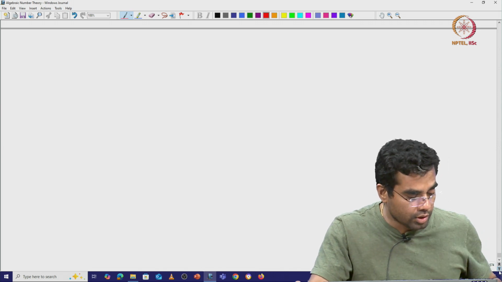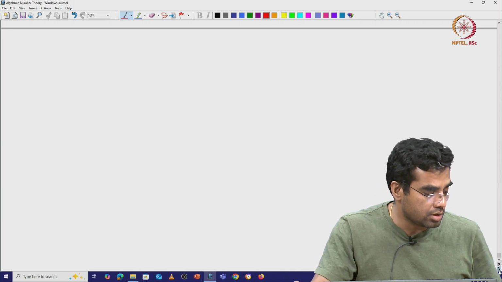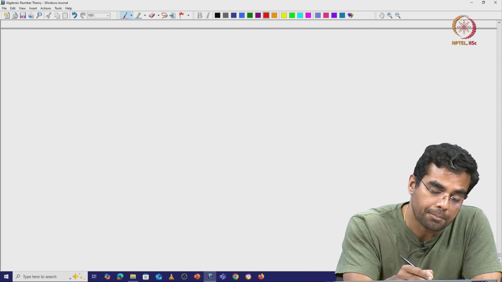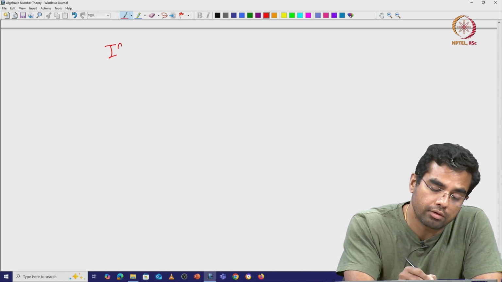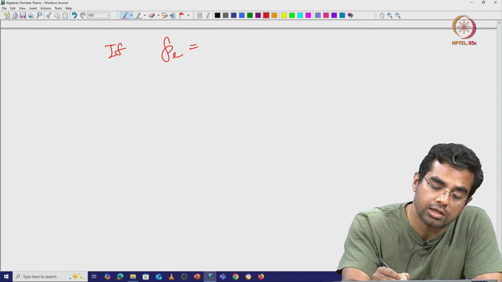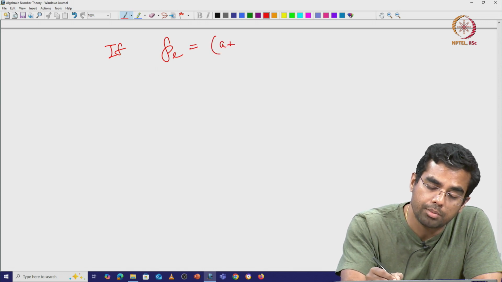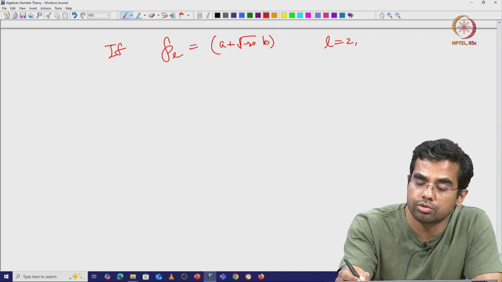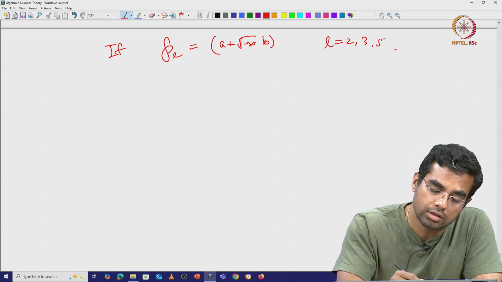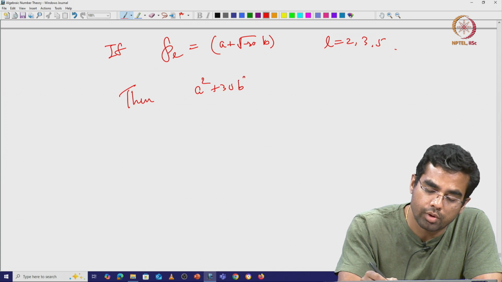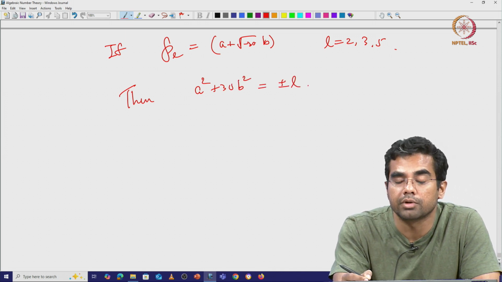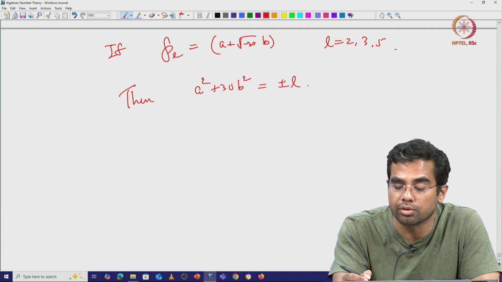Okay. So, how do we show whether these are principal? If PL is equal to A plus square root of minus 30 times B, L is 2, 3 or 5, then A square plus 30 B square is equal to plus or minus L, and minus L of course has no solution.